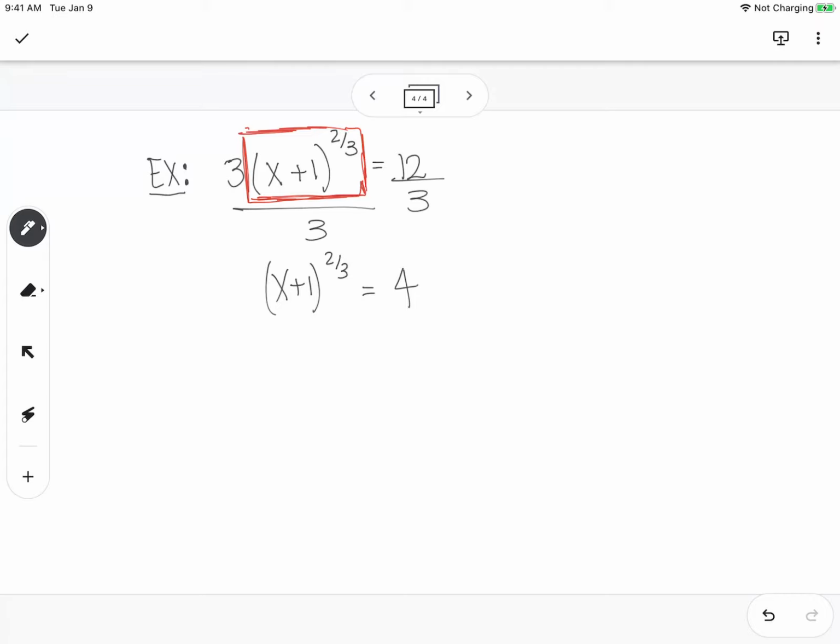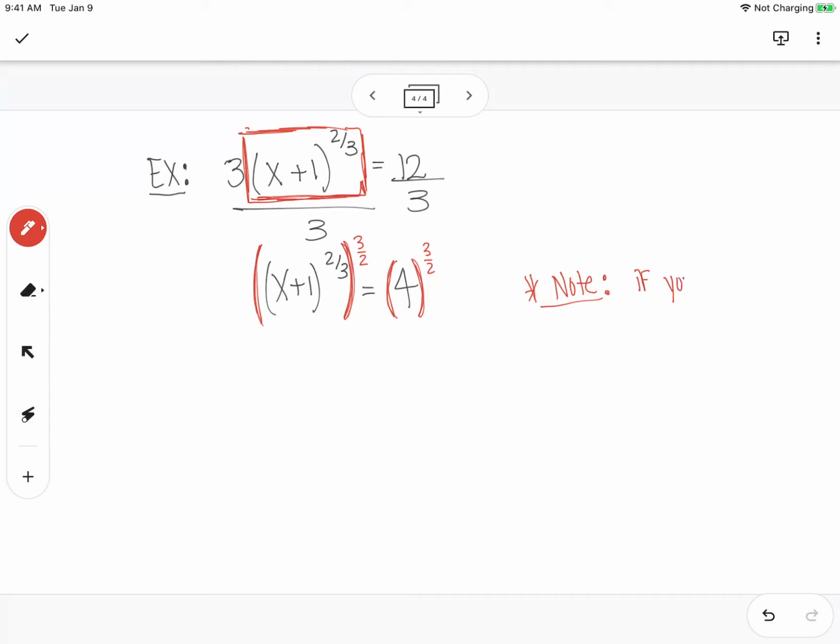And now I'm ready to get rid of my rational exponent by doing the reciprocal. So there is my reciprocal. Now I have one little note to add here. Note, this is a huge important note.